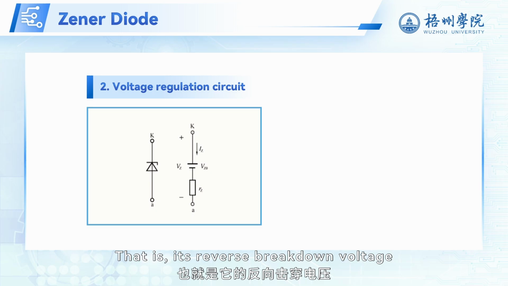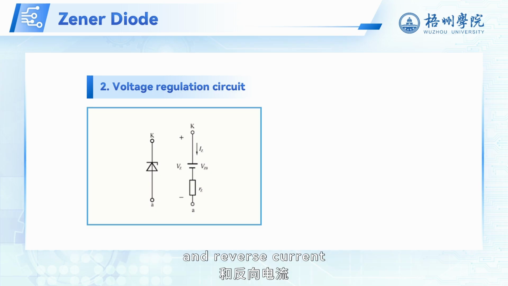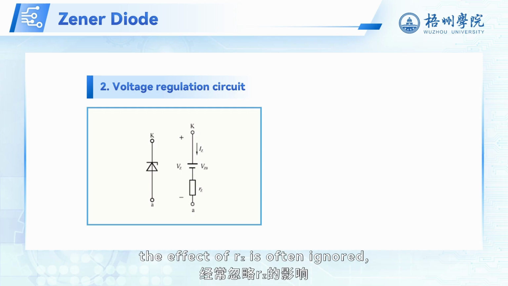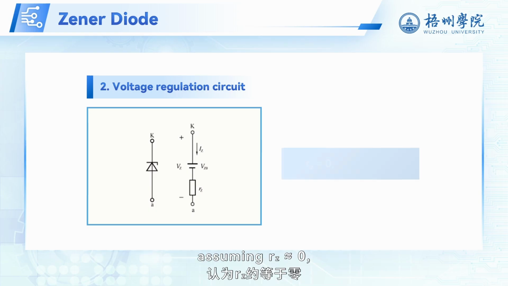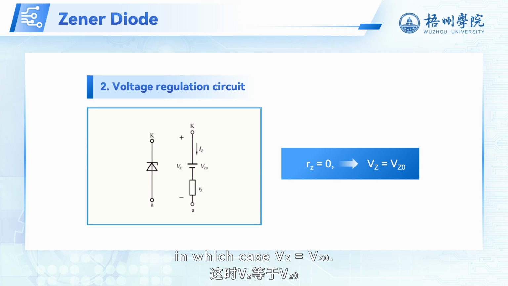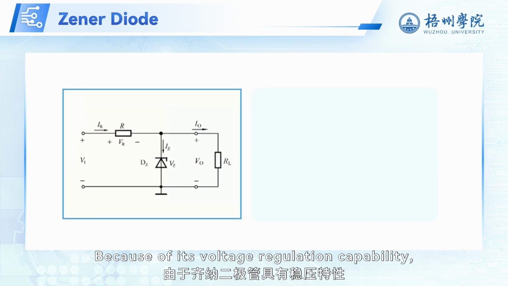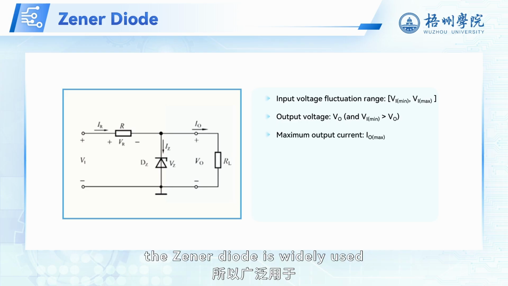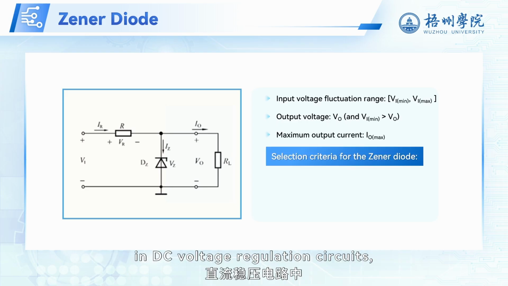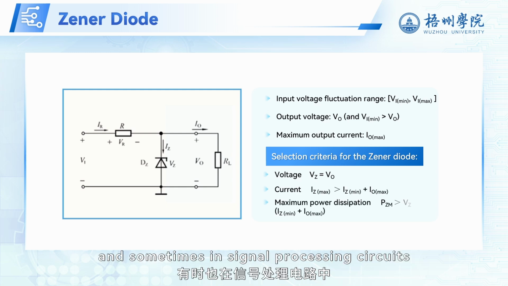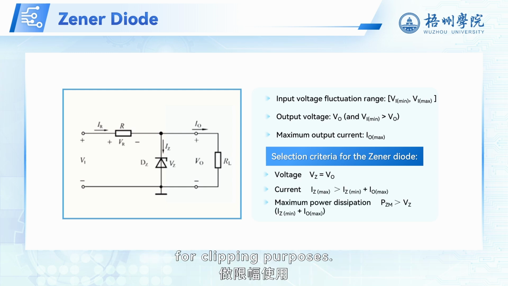That is, its reverse breakdown voltage and reverse current are both marked as positive values. In engineering applications, the effect of Rz is often ignored, assuming Rz is almost equal to 0, in which case Vz equals Vz0. Because of its voltage regulation capability, the Zener diode is widely used in DC voltage regulation circuits, and sometimes in signal processing circuits for clipping purposes.